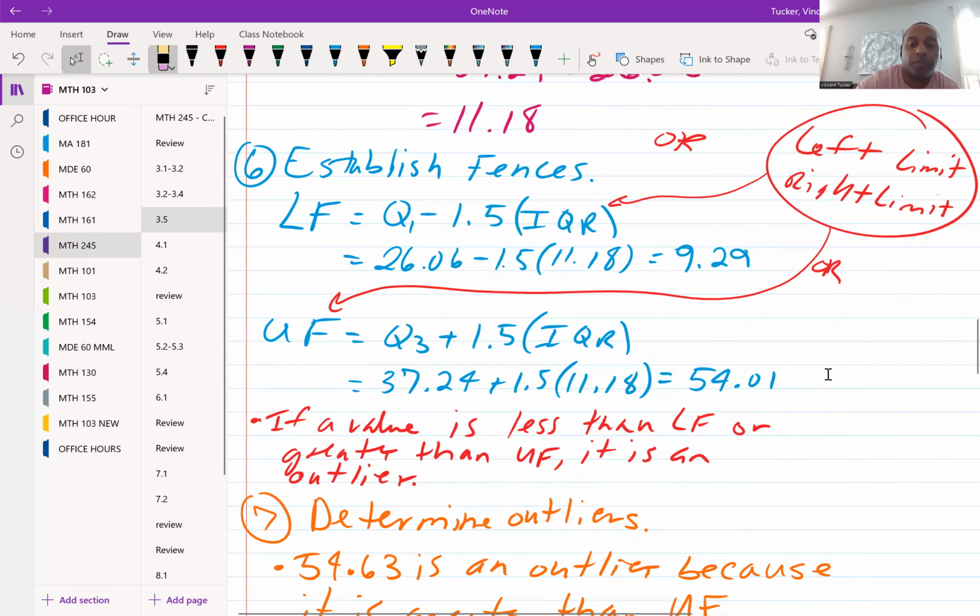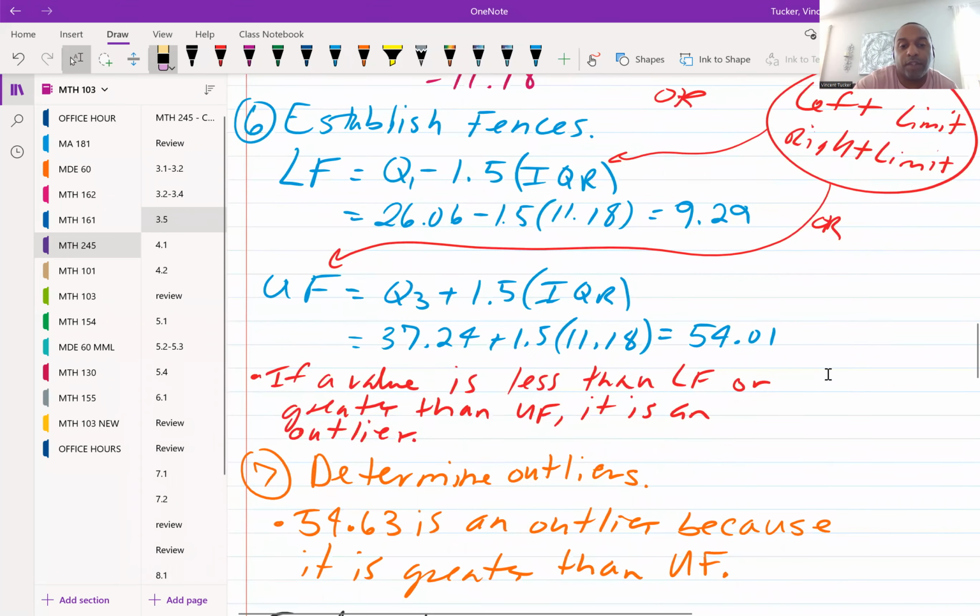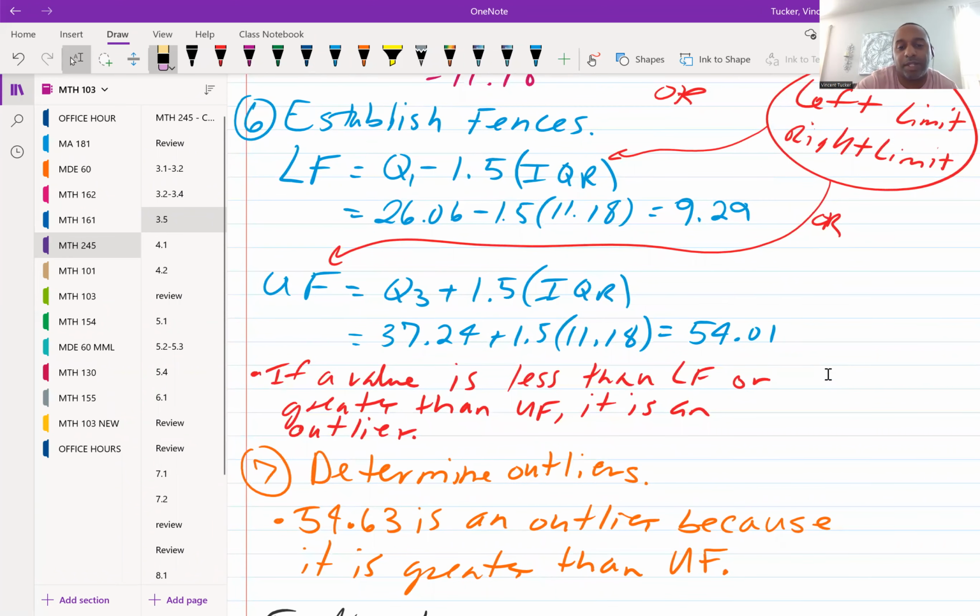So we can compare our data values to the fences to determine what our outliers are. And 54.63 is an outlier because it is greater than the upper fence.